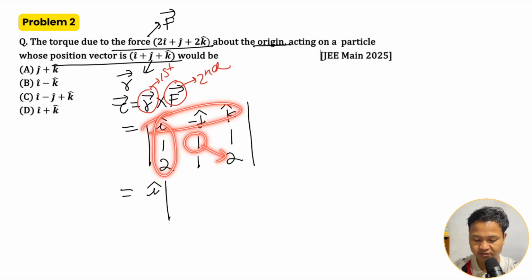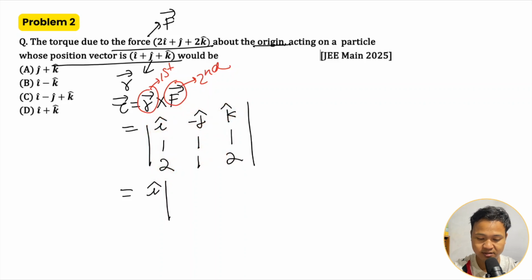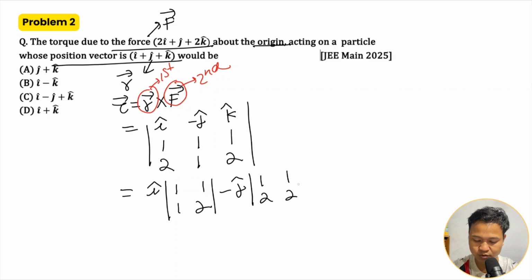You start from the top left and cross multiply: 1 into 2 minus j, then 1 2 2 2, plus k, 1 1 2 1.